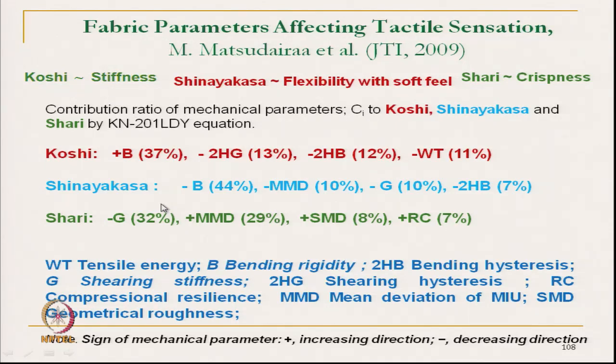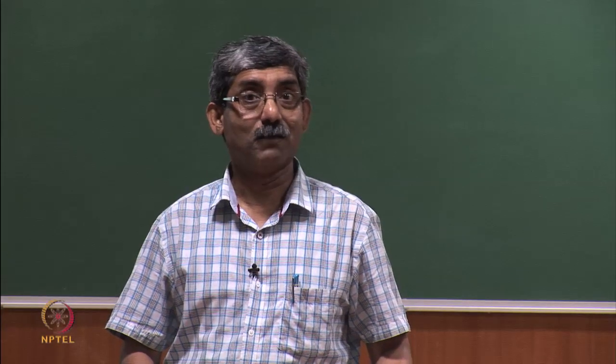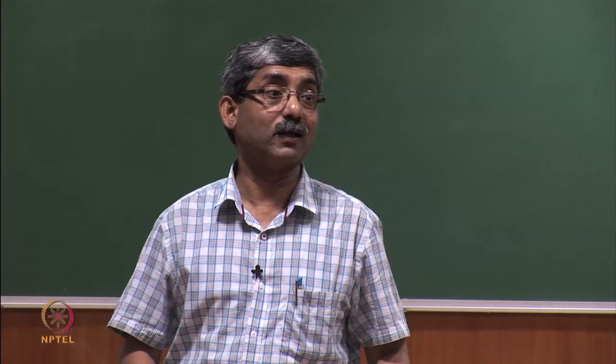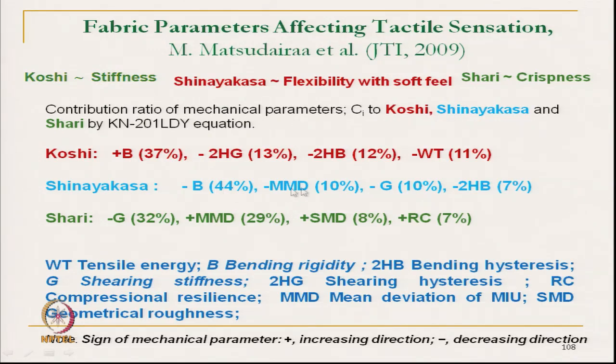So minus 44% for B means that if we increase the B value we will get a lower Shinayakasa. A lower B value gives a higher Shinayakasa, although the contribution is very high. So it is inversely correlated.